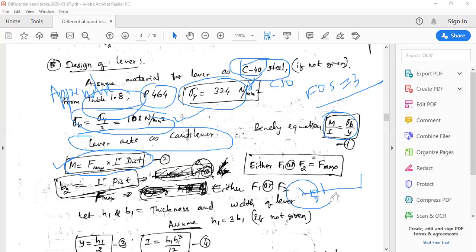Either you consider the left side or the right side. If I consider the right side, there will be two forces. For that, I want the maximum bending moment, that is at the fulcrum point itself. So it is the force exerted at this particular point multiplied by this distance. What is this distance? This distance is B2.